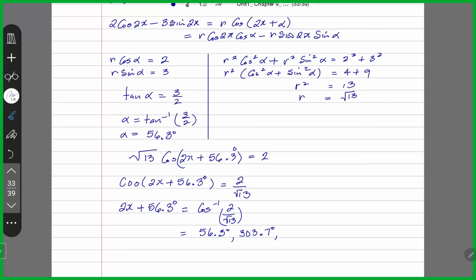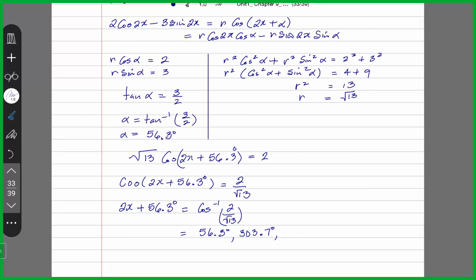Now, because of that 2x, I need to go around one more time. Remember, the answers for cos repeat themselves in cycles of 360 degrees.